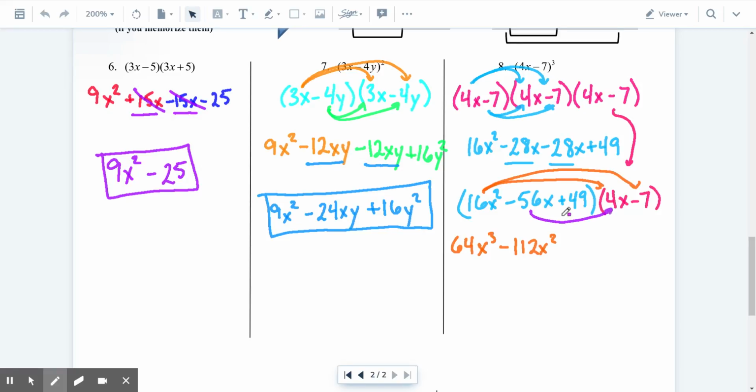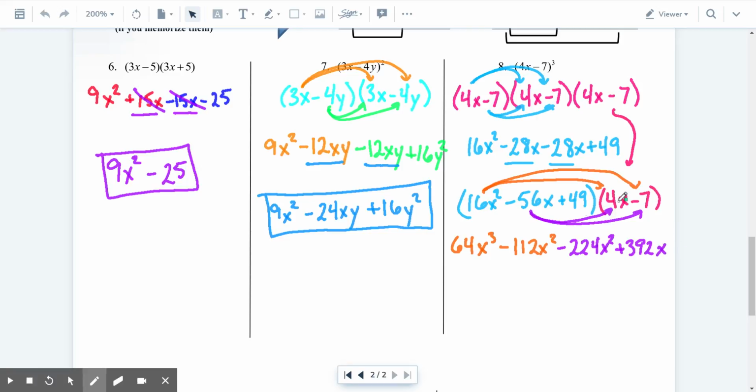So negative 56 times 4 is negative 224. And x times x is x squared. Negative 56 times negative 7 is going to give us positive 392. And then x will still be there.